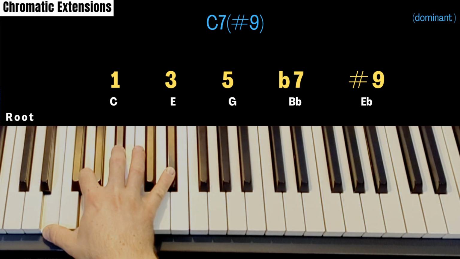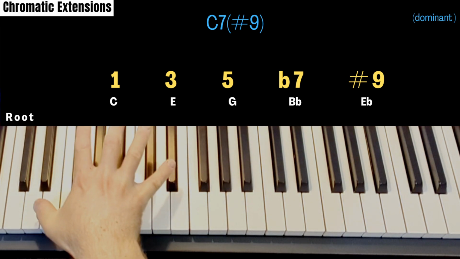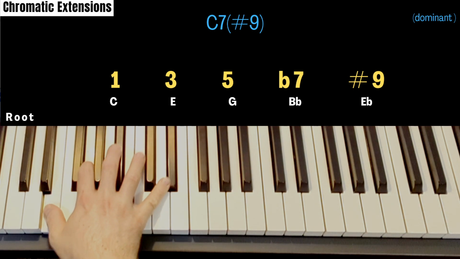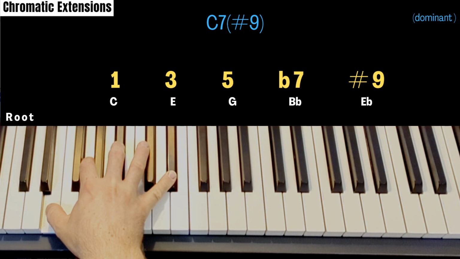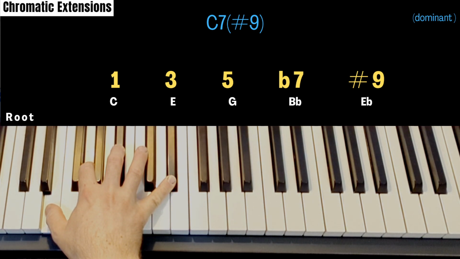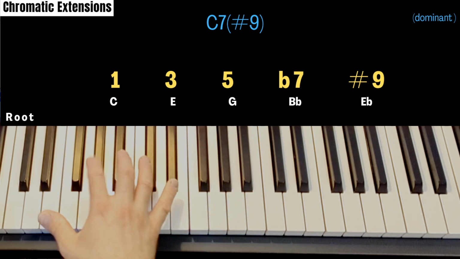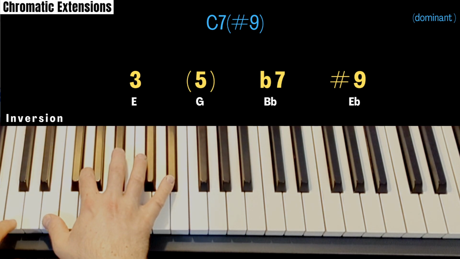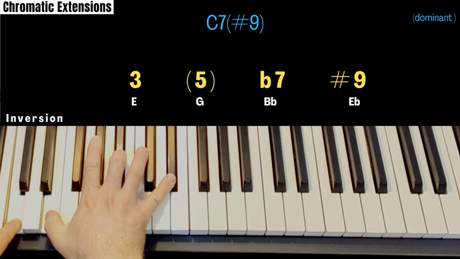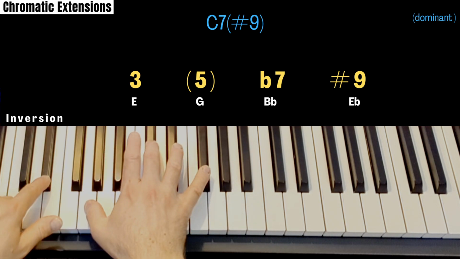And the reason is creating that tension, that tense sound, which resolves. Sorry, I just shifted it down the octave because I like it better in that register. So that's C7 sharp 9. And for this one, I usually just have it in root position. Sometimes I will just leave the 5th out, especially if my chord progression is doing parallel sharp 9s, like this.